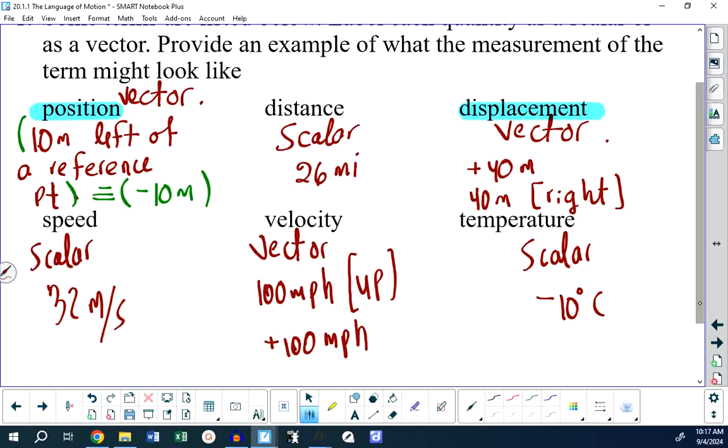But traditionally, we use up as positive and down as negative, and you'll get lots of exposure to this, and left as negative and right as positive. So if we have an object that's moving left, right, positive is in this direction to your right, negative is to the left. Any questions with any of that? All right.